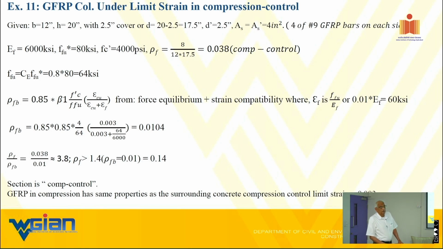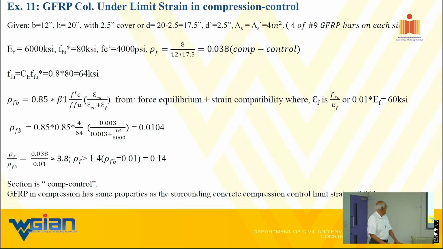We are assuming As and As prime, the area of FRP in the tension side and compression side, are equal. As is for the tension side, As prime for the compression side. They're equal. For number 9 GFRP bar, number 9 bar is 1 square inch. I kept these numbers the same. Therefore, the rho F is 0.038, obviously much higher than the rho F balance. It's a compression control.